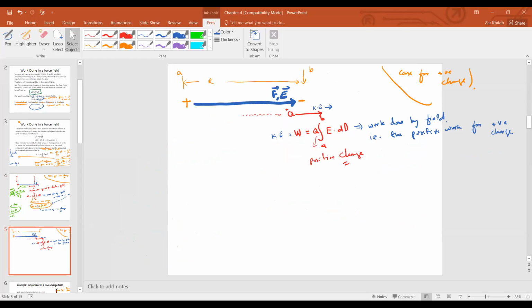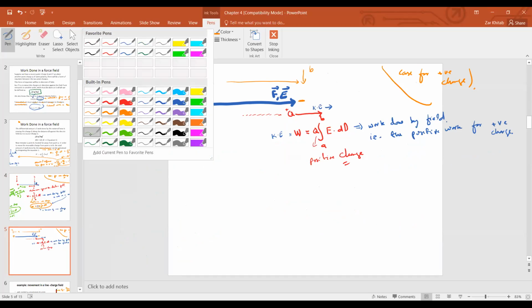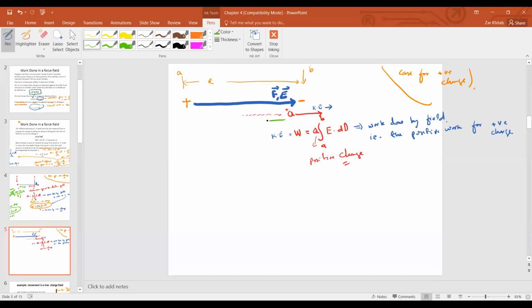Now coming back here, the case of positive charge. If you try to move this charge in this direction, okay, that's the external work.